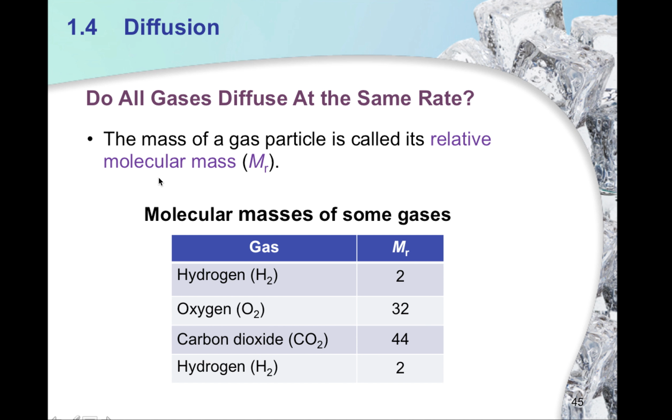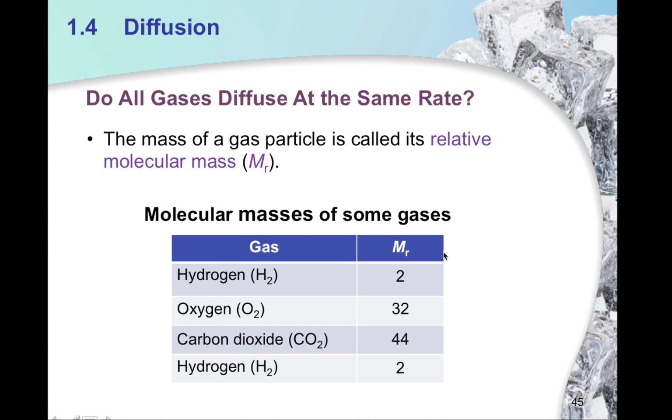Now, do all particles or gases diffuse at the same rate? It is very difficult for a solid to diffuse, which is why most diffusion occurs in the gaseous state. It is dependent on the mass of a gas particle, or what we can see from the periodic table, the relative molecular mass.